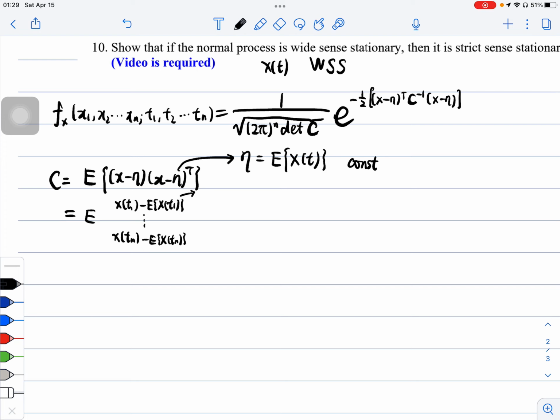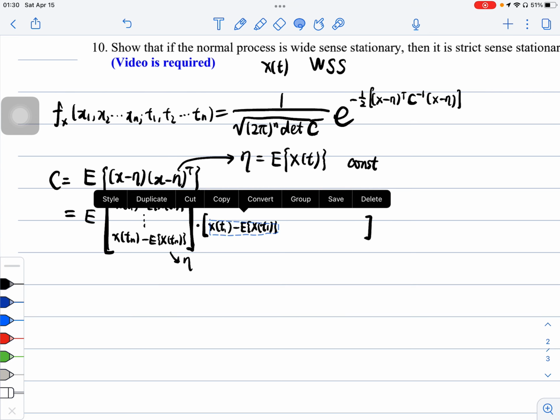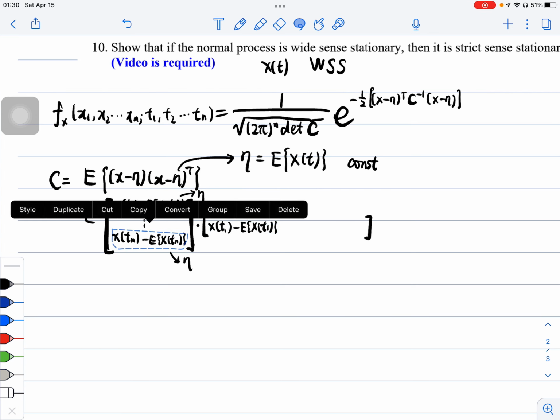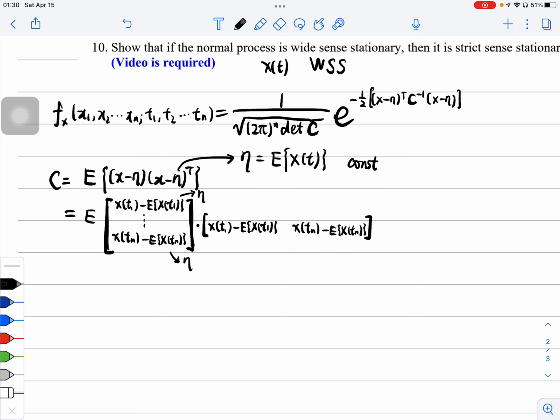So this part and this part, from here to here, all of them are equal to eta, and times, we also copy it and paste it, because they are the transpose of it.